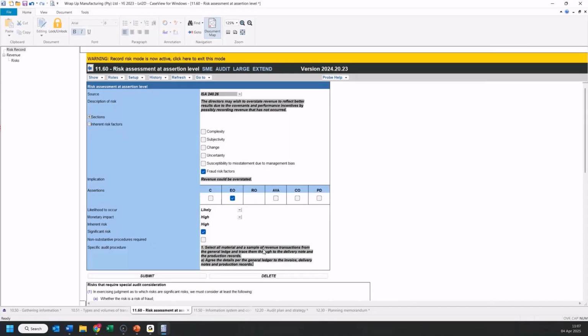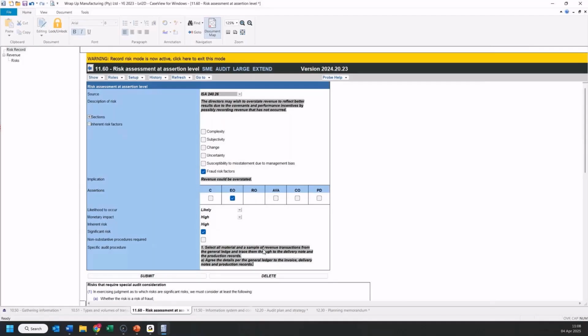What the standard does say is that the risk requires special audit consideration. So it could be a combination of saying, I'm going to do something different and do more of it, I'm going to do something different but not more, or I'm going to do more but not necessarily something different. Also, what I've sometimes thought of is that very often we'll say, but I'm not doing anything different this year than I did last year.